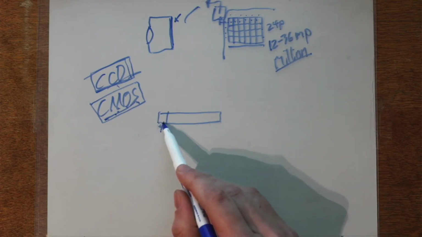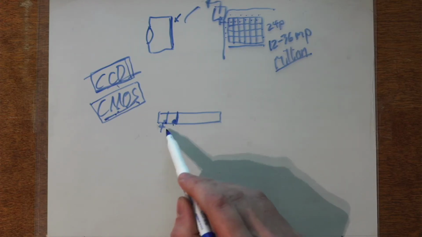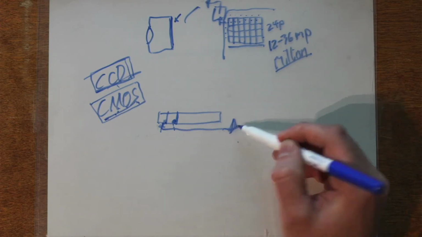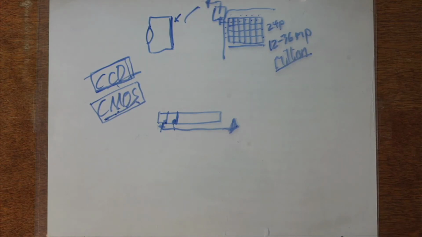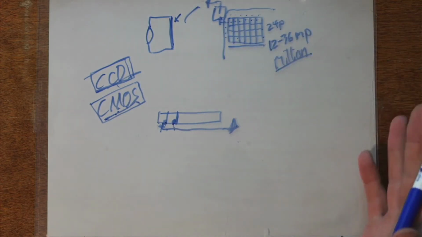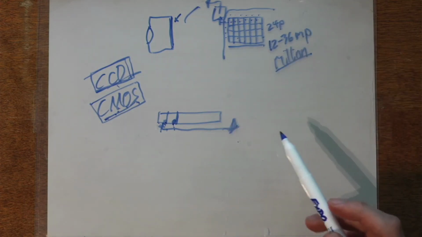So each pixel is going to have its own little amp, and then it's going to read out that information to the end of the line. We're going to go to the end of the line, and then read out each line in order. But each one's got its own little amp. CCD has one big amp. Generally, there are totally exceptions to this, but generally that's going to be the biggest difference.